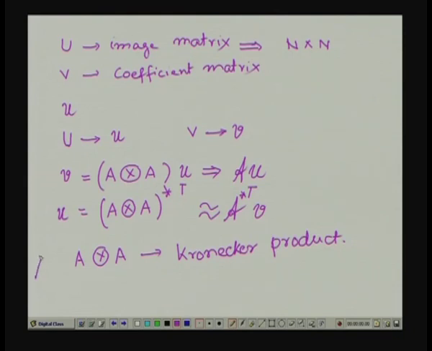And the matrix A, which is equal to the Kronecker product of the two matrices A and A, is also a unitary matrix.